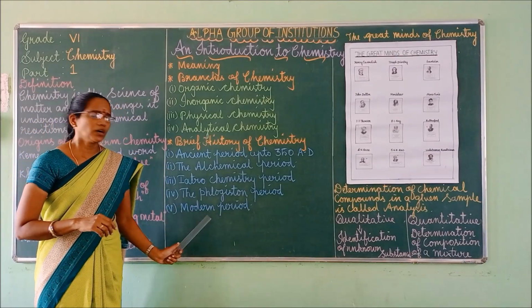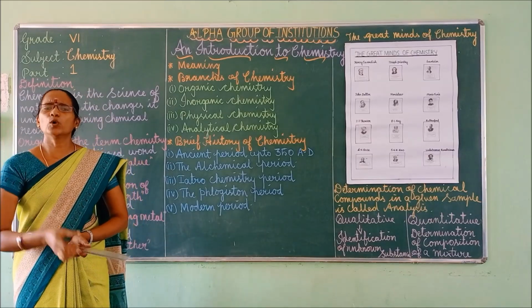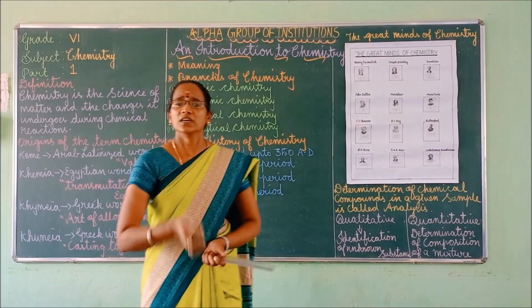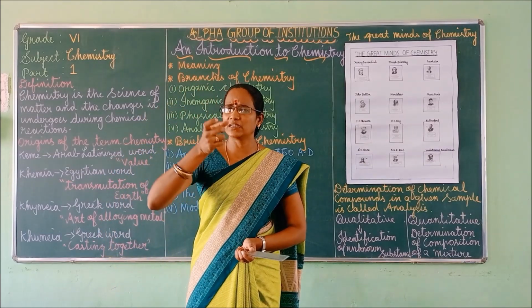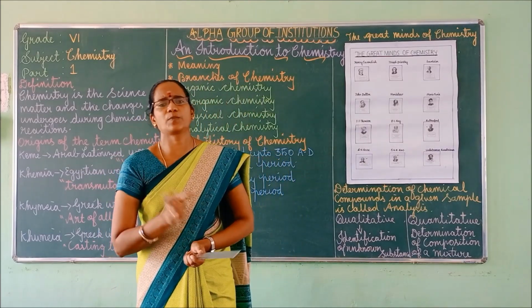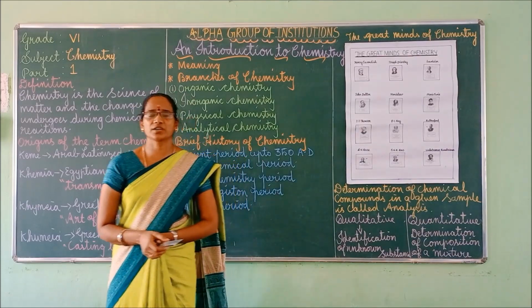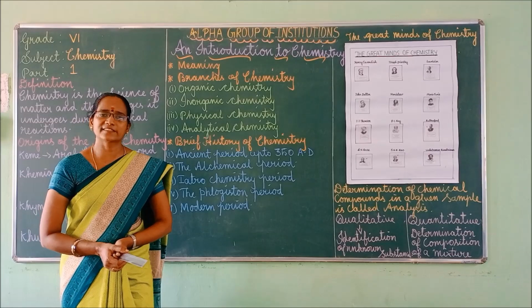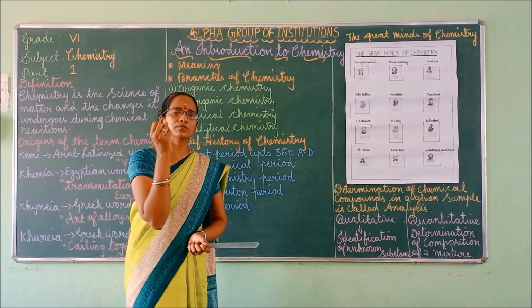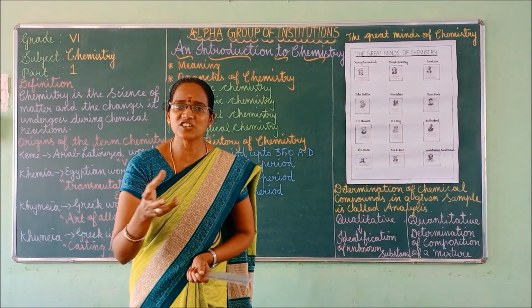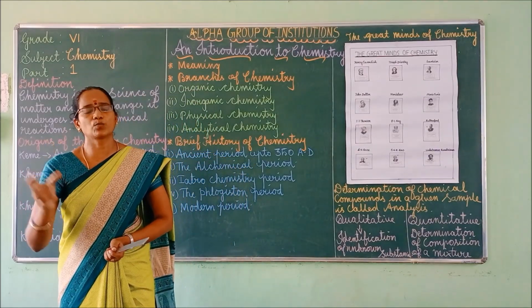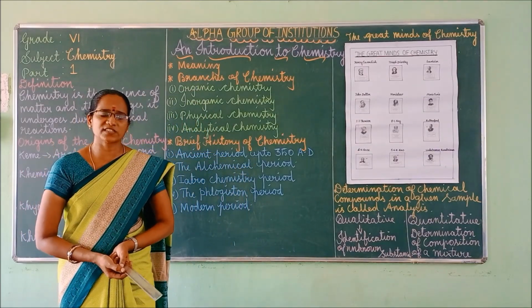Lavoisier proposed many things during the modern period. He presented a clear explanation for combustion. Combustion means burning. He also presented a clear explanation that oxygen is essential for burning, and he proposed that water is composed of hydrogen and oxygen.